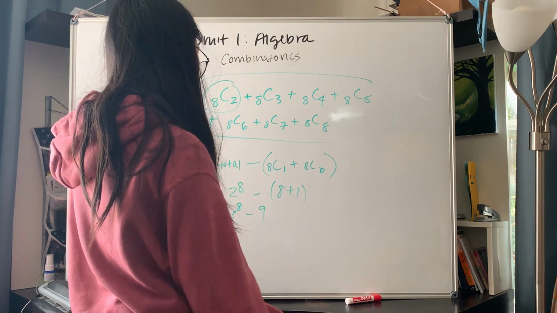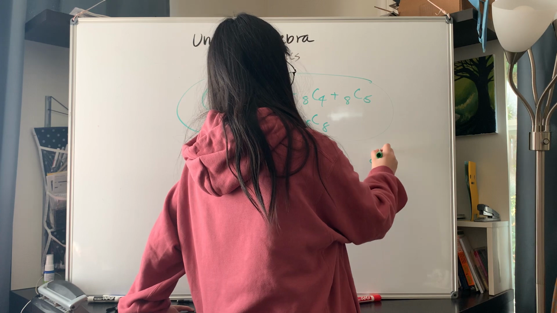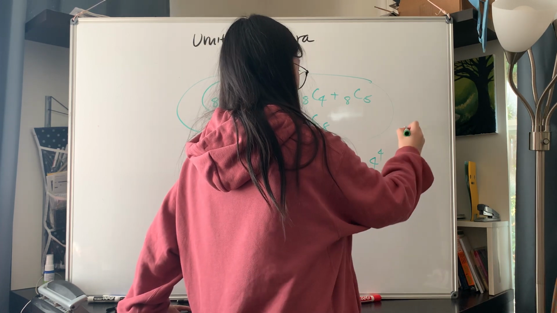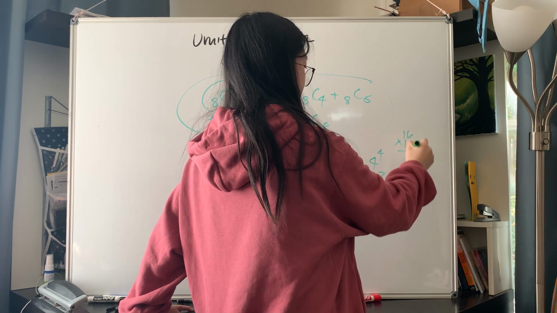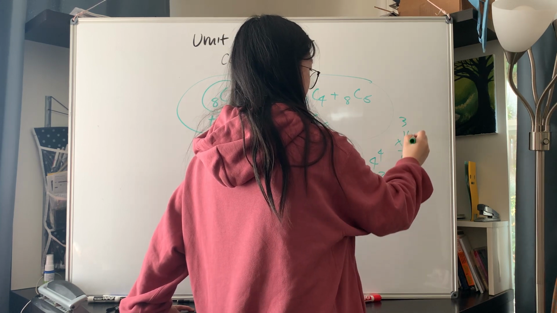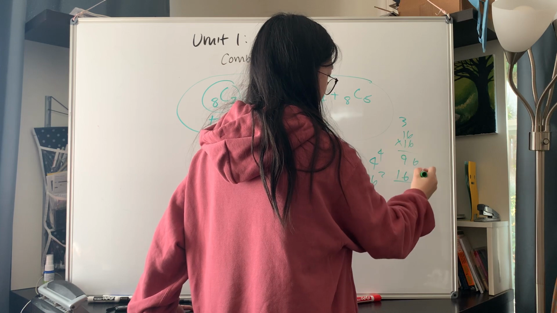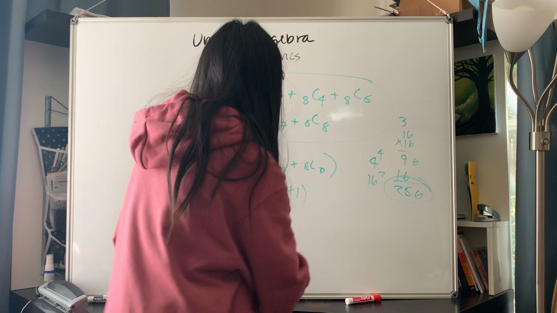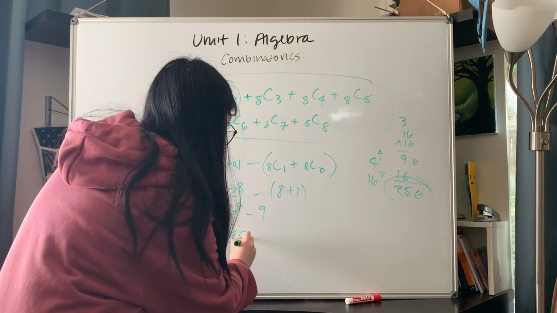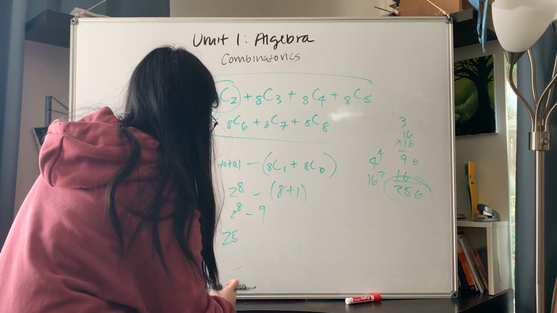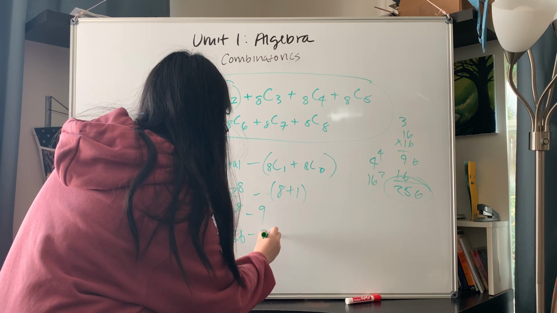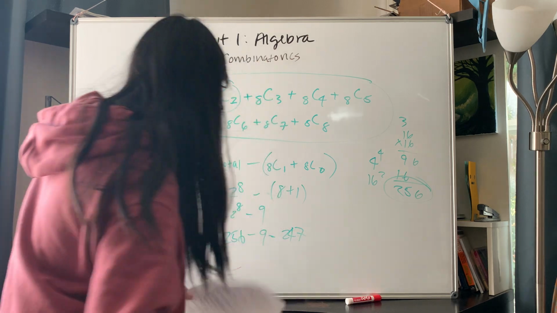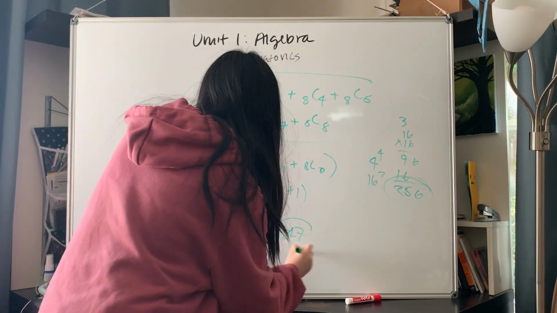And 2 to the 8th power is equal to 4 to the 4th power, which is equal to 16 to the 2nd power, which is equal to 256. 256 minus 9 is equal to 247. And that is our answer, 247.